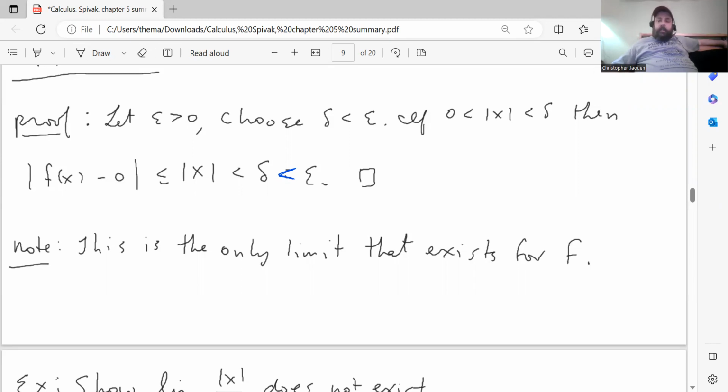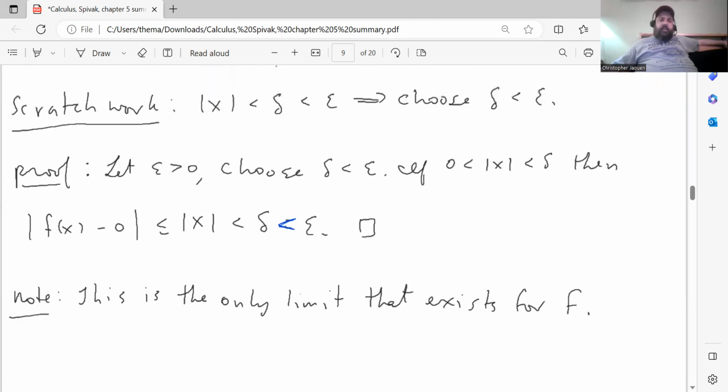If you graphed it, it's a hard function to graph because of the way that the domain is broken up. But the points lie along the line y equals x if x is rational, and it's 0 for all irrational values. So it looks like a bunch of points. Basically, it's impossible to draw by hand because there are uncountably many irrational numbers.